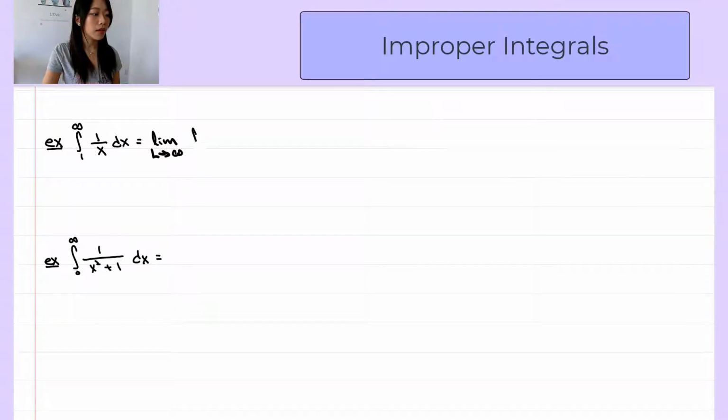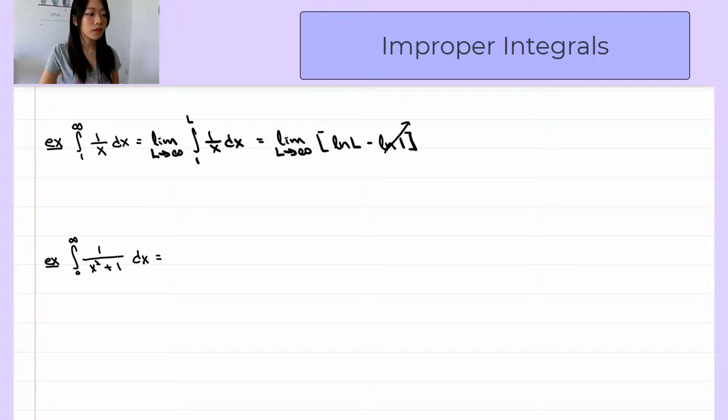So the limit of the integral of 1 over x evaluated from 1 to L, which equals the limit as L approaches infinity of ln of L minus ln of 1. ln of 1 equals 0, and the limit as L approaches infinity of ln of L equals infinity. So this integral diverges.